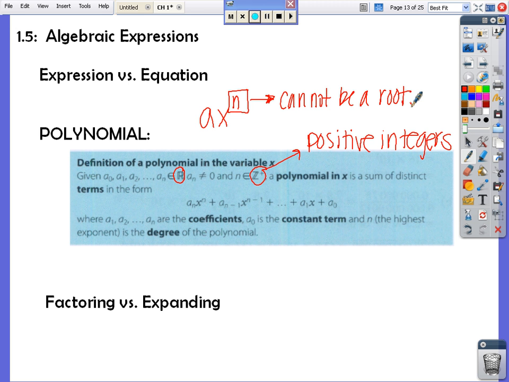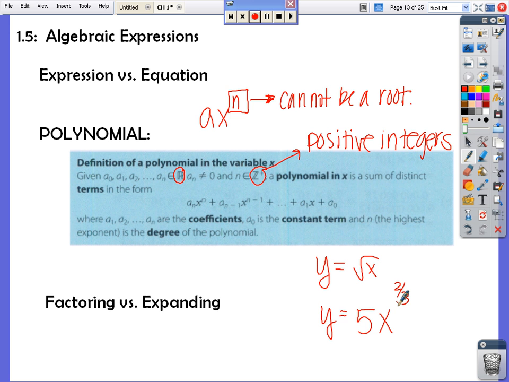I put the definition of a polynomial so that you understand that the root of x is not considered a polynomial. X to the 2/3 is not a polynomial. So these are not polynomial functions. Remember that the degree is always the highest power.